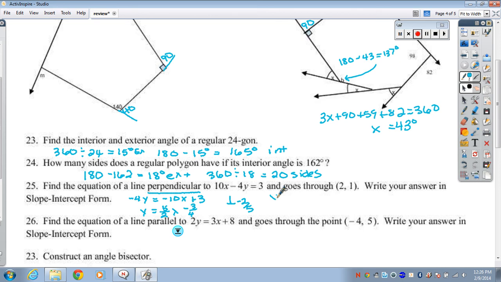So now y minus 1 equals negative 2/5 times x minus 2. Y minus 1 equals negative 2/5 x plus 4/5. Add 5/5 to both sides. Y equals negative 2/5 x plus 9/5.